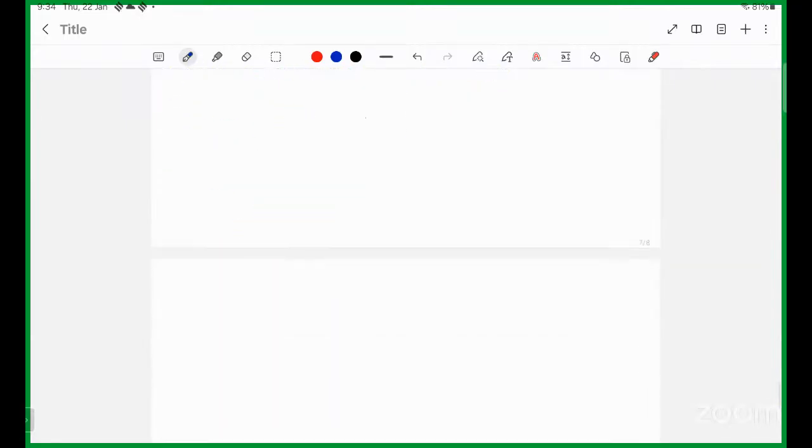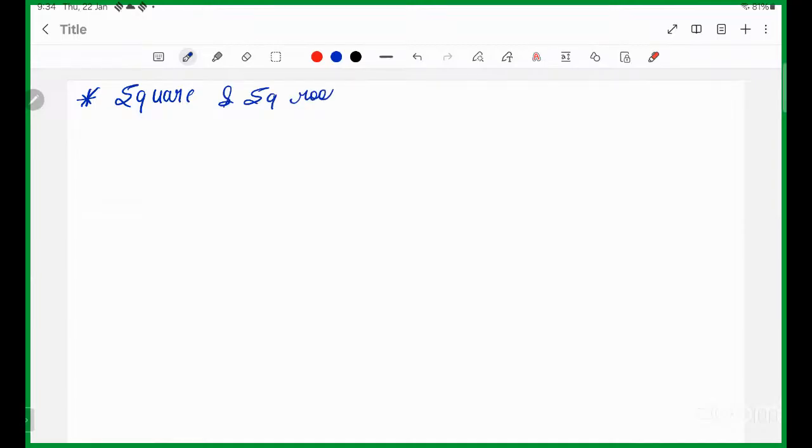We will see square roots. Okay. So here, first question: root 24 plus root 6 upon root 24 minus root 6.